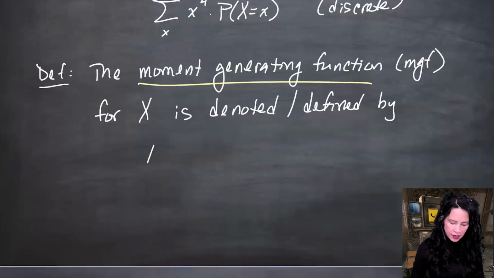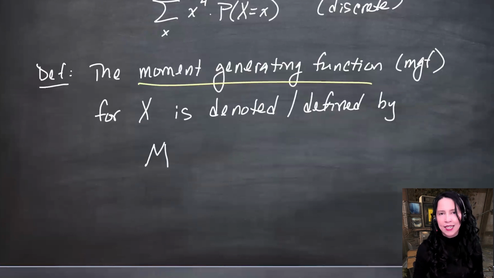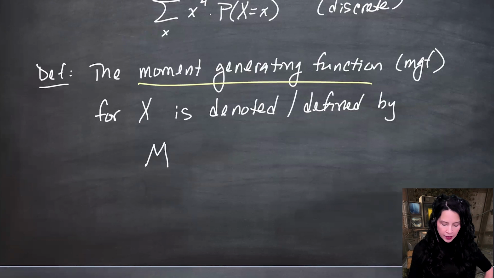by a capital M. Now, this is not 100% standard notation. So a capital M for moment, a sub X if necessary. I won't always put the subscript, but if we're talking about moment generating functions for two different random variables in the same problem, you might want to use a subscript.